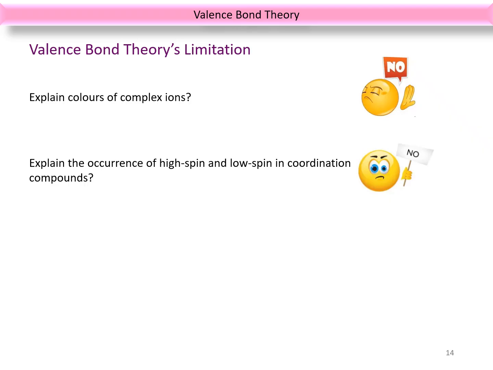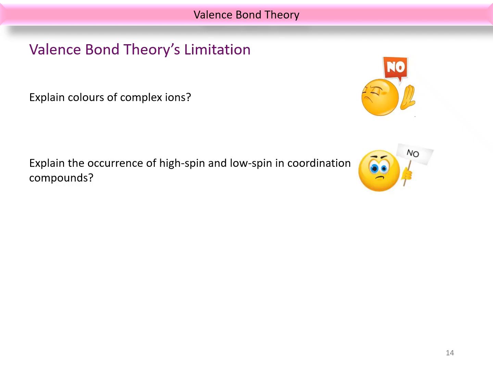While if the ligand is weak, it is unable to force the metal d electrons to pair up. This leaves the electrons unpaired, and that is classified under high spin. This can be explained by crystal field theory later.